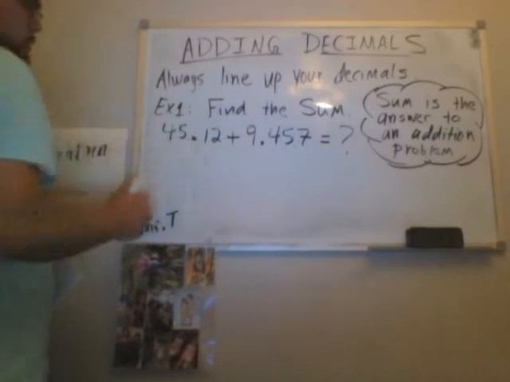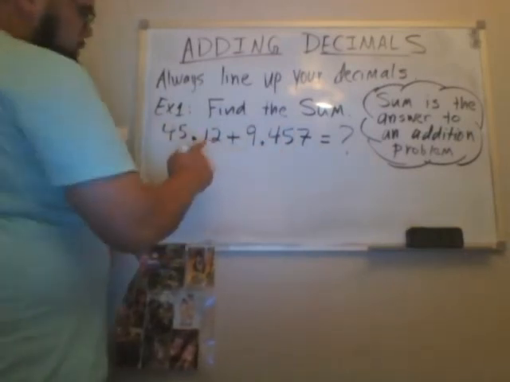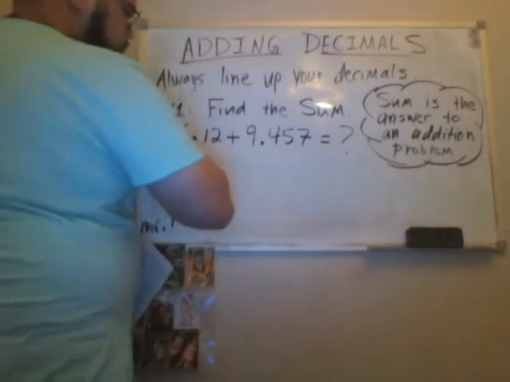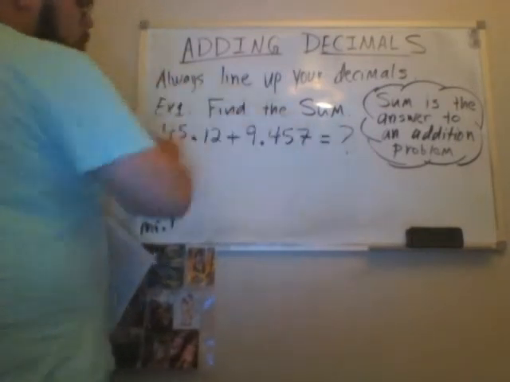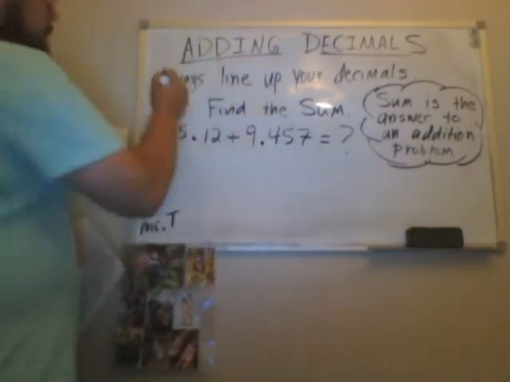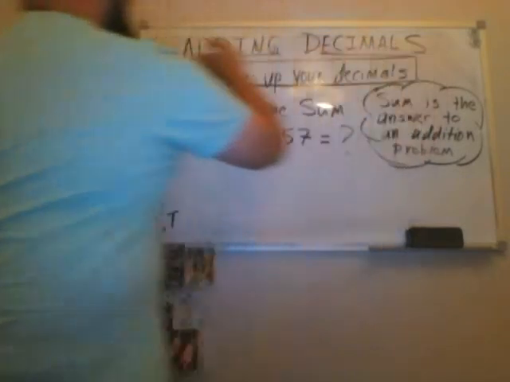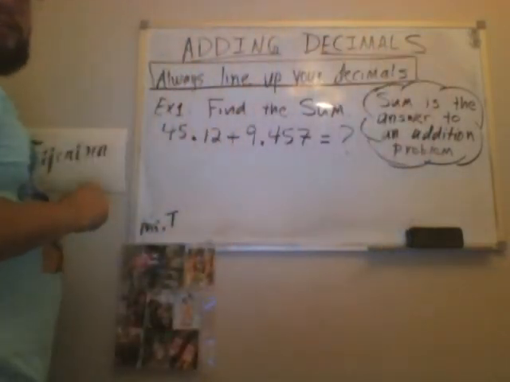Right now, this problem is horizontal, left to right. We need to write it up and down, and we cannot forget this statement that we had up here. Always line up your decimals. Okay, it's very important.